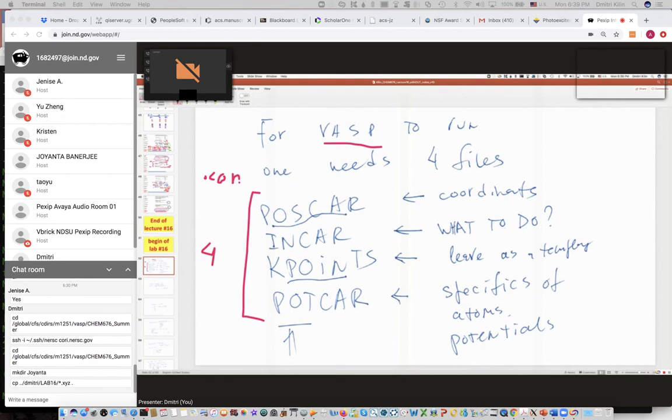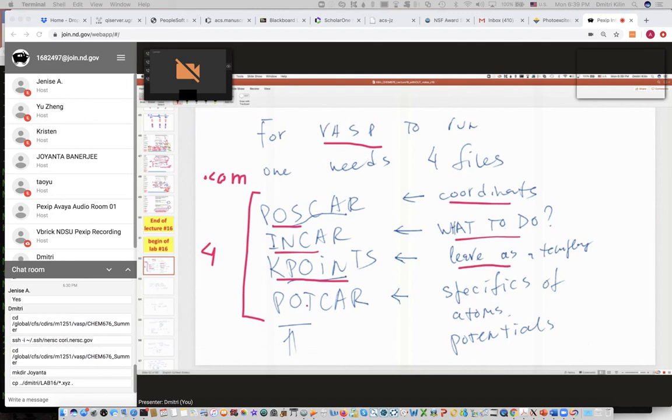In VASP, we have 4 files for the following purposes. POSCAR is for coordinates. INCAR is telling what to do. KPOINTS is related to the Bloch theorem that we discussed 20 minutes ago, and I will provide templates at the beginning.